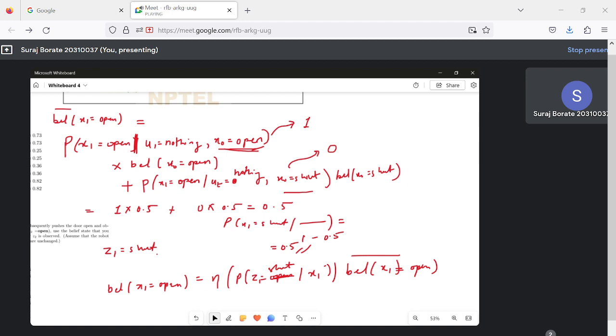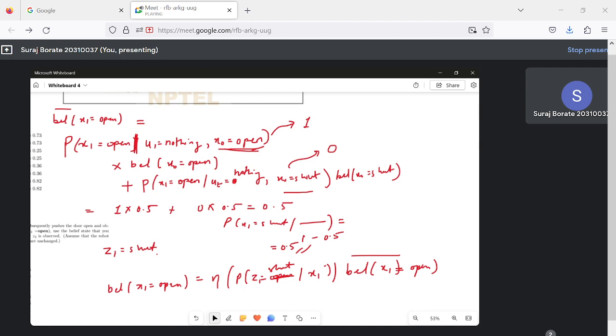So let's go back. So 0.2 and the prediction was 0.5, plus eta into 0.9 into 0.5.